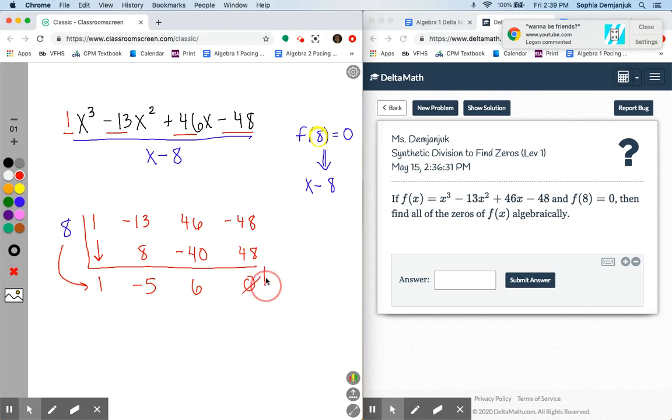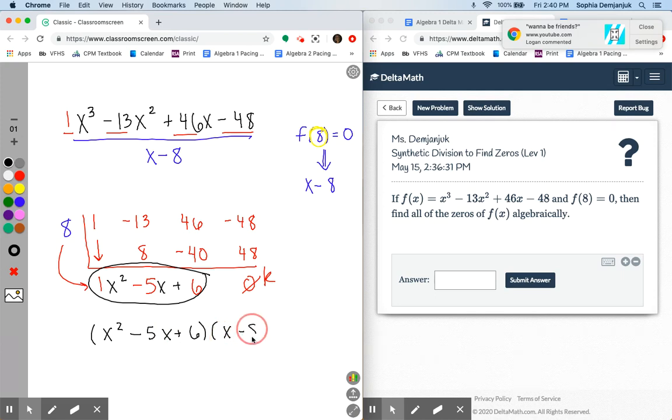So my remainder is 0. So now I have, when I divided, 1x squared minus 5x plus 6. I'm going to write it as a product with my x minus 8. x squared minus 5x plus 6, x minus 8. If I'm trying to find the zeros, I'll set it equal to 0.